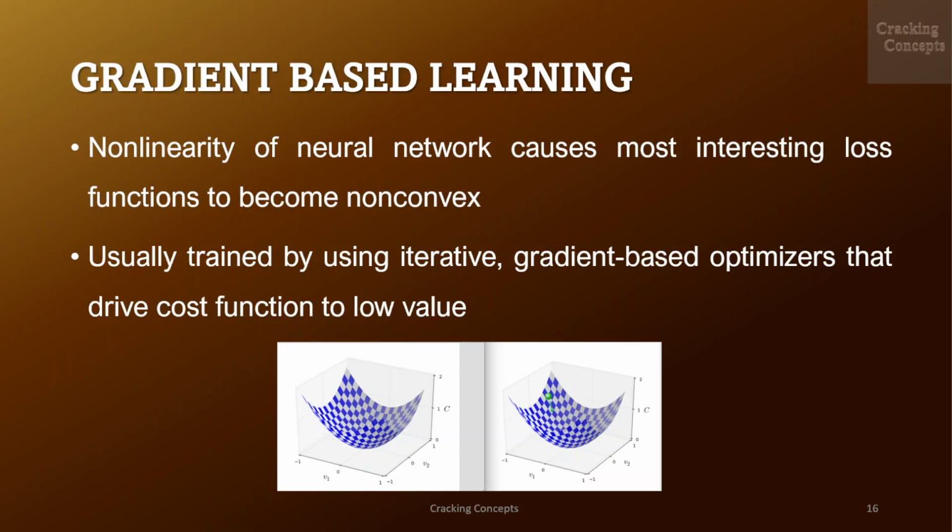This means that neural networks are usually trained by using iterative, gradient-based optimizers that merely drive the cost function to a very low value, rather than the linear equation solvers that are used to train linear regression models or the convex optimization algorithms with global convergence guarantees used to train logistic regression or SVMs.